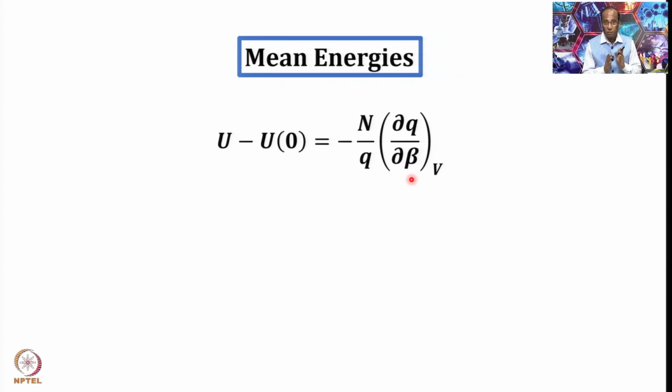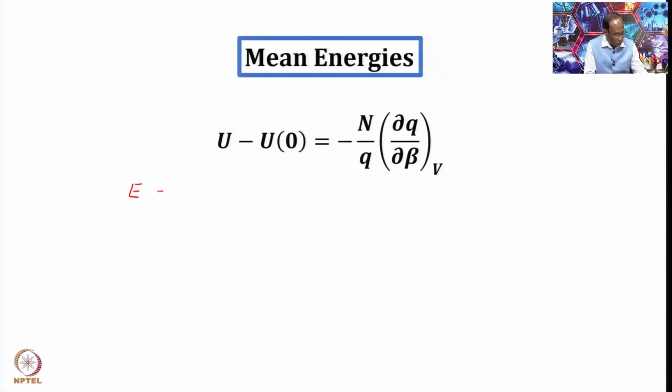Internal energy is the energy possessed by a molecule or a system added up in all the forms. So, mean energy, energy per molecule, how do we get? This U minus U0 is basically total energy.